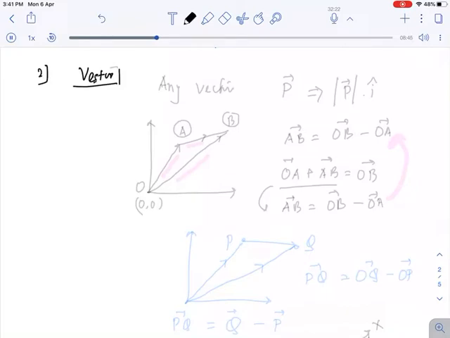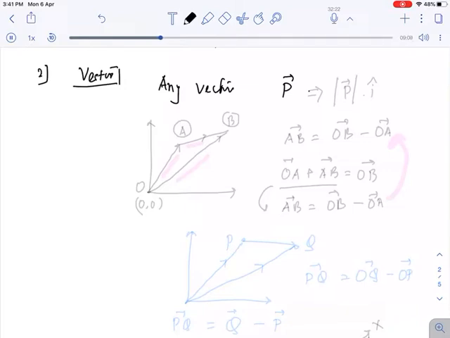Before that, I just represent any vector. Any vector can be represented in two-dimensional space by using a sign p cap or whatever. This is the notation of a vector.